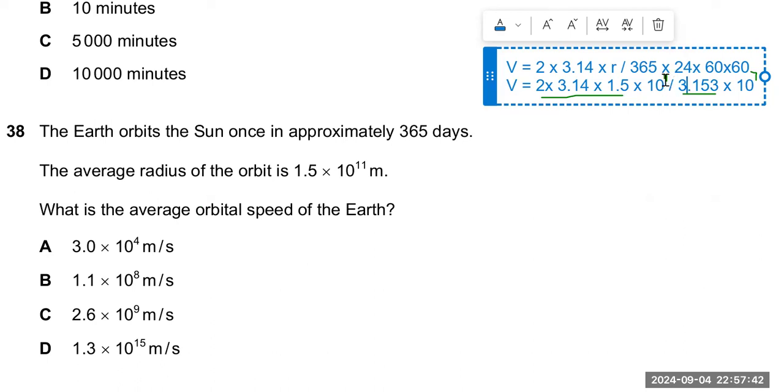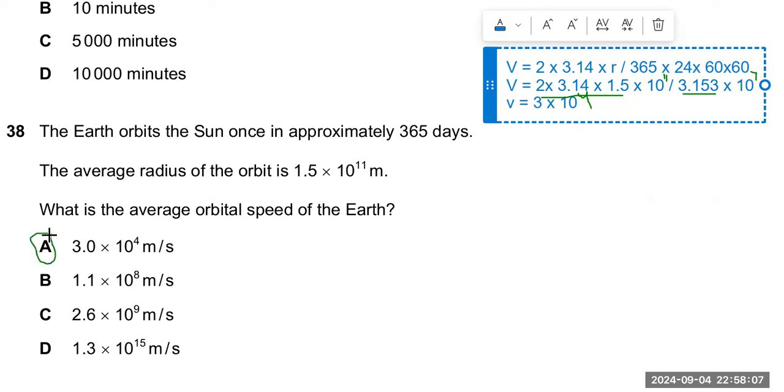So v is equal to 3 multiplied by 10 raised to the power 4, since 11 minus 7 is 4. So your answer will be 3 × 10^4 meters per second, so you will get option A.